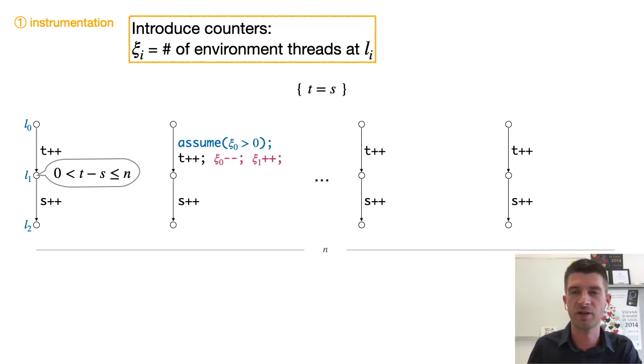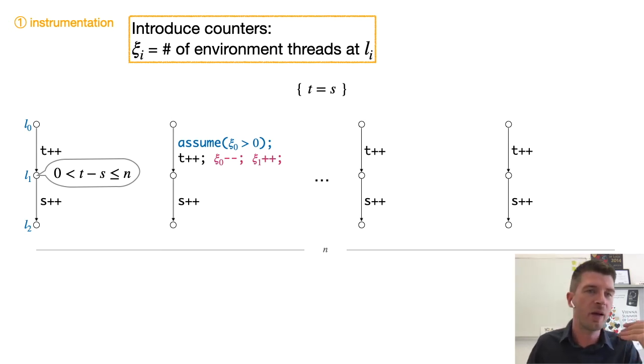Then we execute the original statement T++, and because a thread just changed location from L0 to L1, we have to adjust counters psi0 and psi1 accordingly by decrementing the number of threads in location 0 and incrementing the number of threads in location 1.